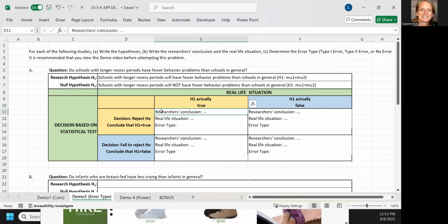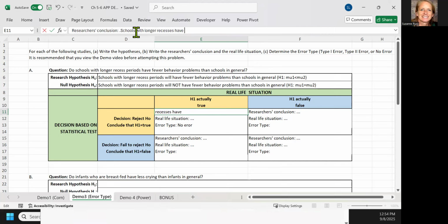So now let's go ahead and write out some things. First off, we are always contrasting the real life situation, the actual situation, with what the decision is. So first off, let's say the decision is to reject H0, conclude that H1 is true, and H1 actually is true. Well, to me, this sounds like no error. The researchers' conclusion is that schools with longer recess periods have fewer behavior problems.